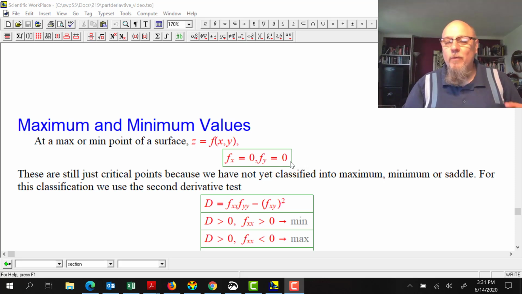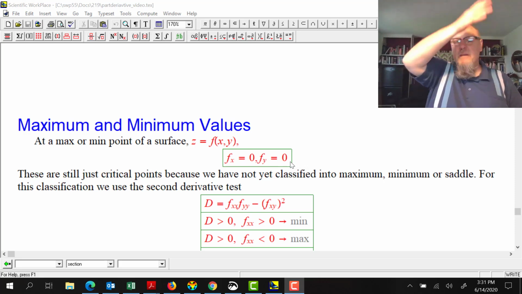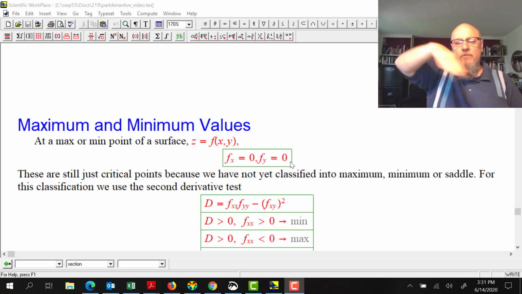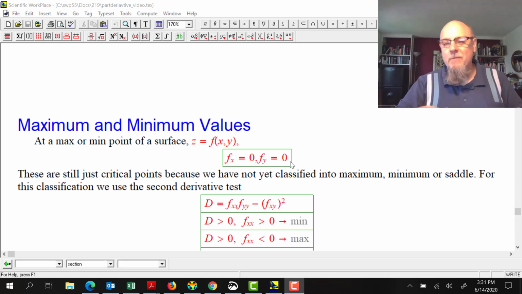And if it was one of those middle points where in one direction it was flat but concave up, and in the other direction, flat but concave down, that would still be a critical point. So solving for all of the first order partials being equal to 0 is how I find the critical points, the potential maximum or minimum values.